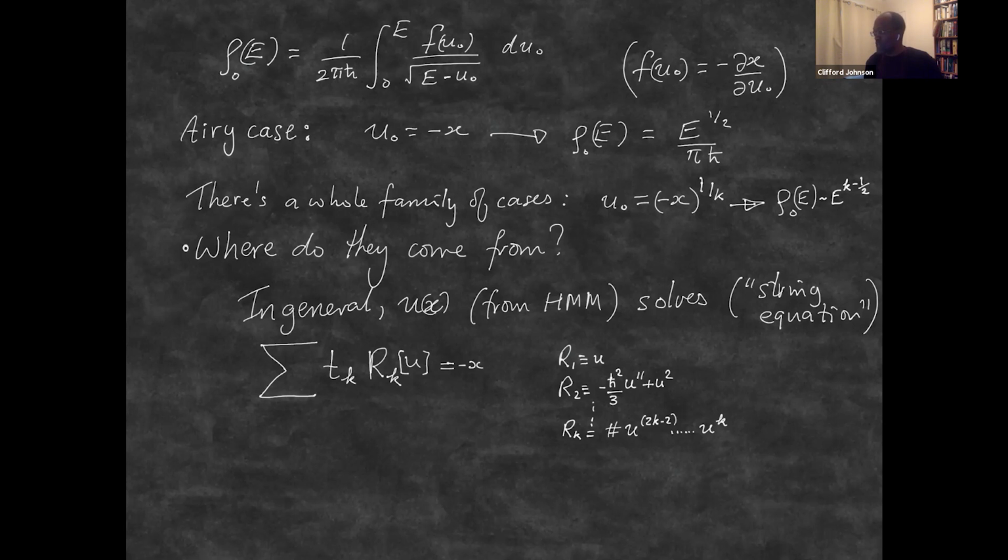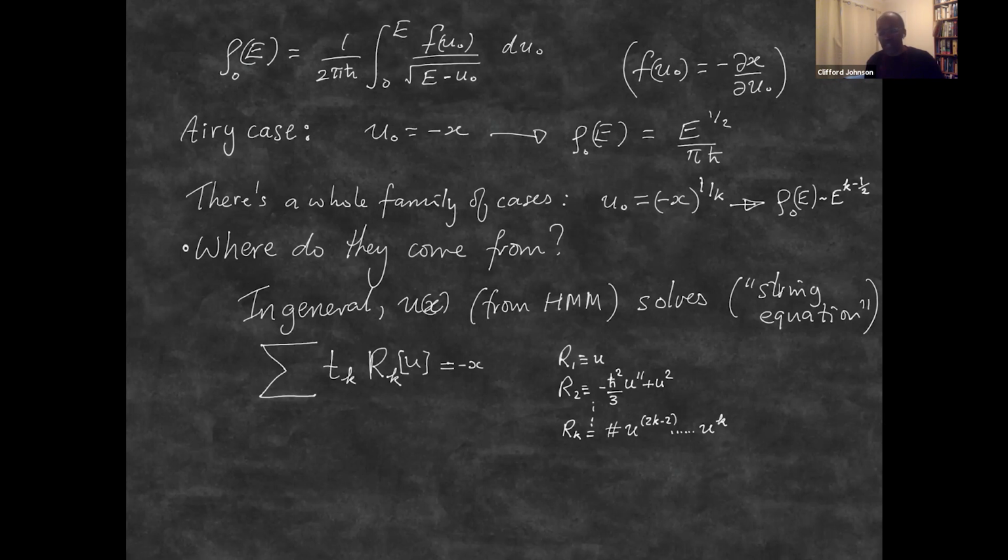But where do those things come from? Where does that equation for the potential come from? That's the core part of the double scaling limit from these old Hermitian matrix models, which is that they give you what's called a string equation.